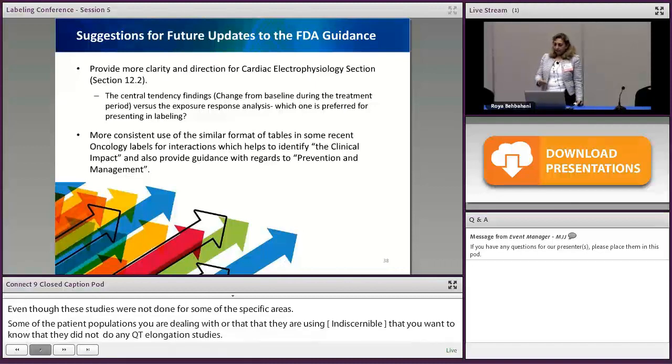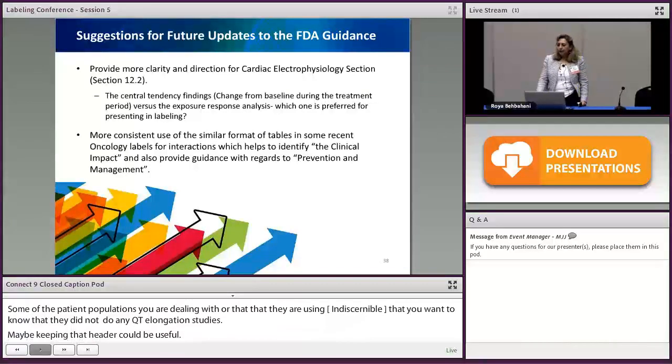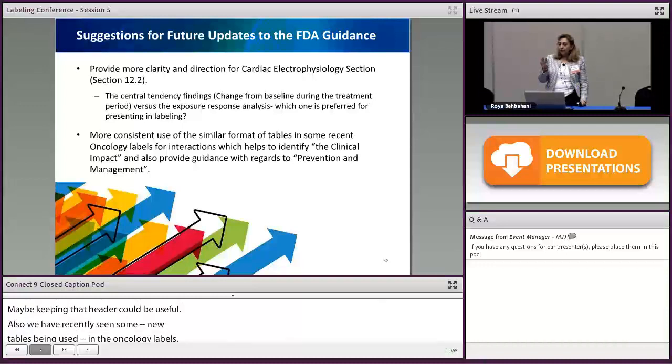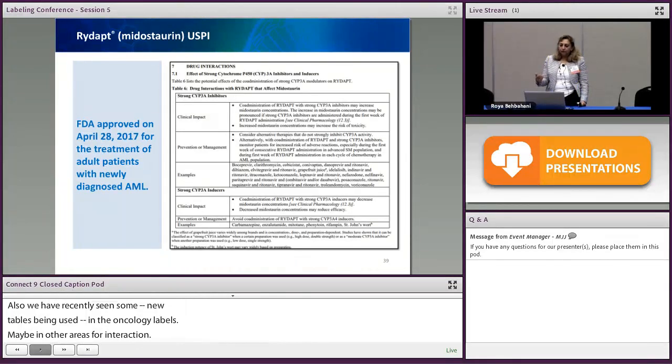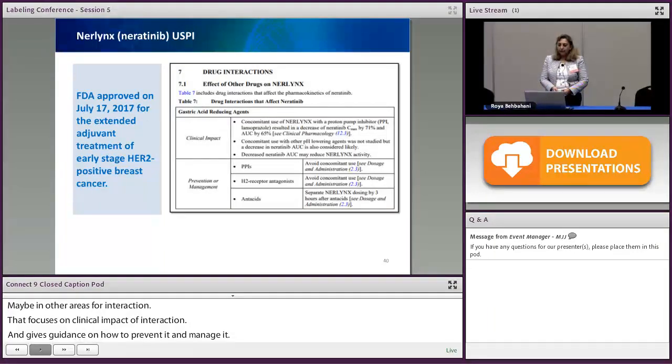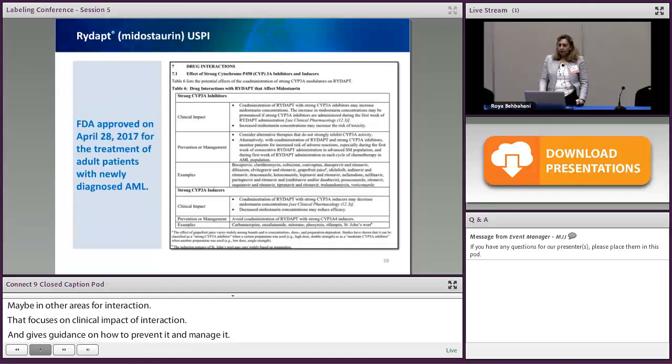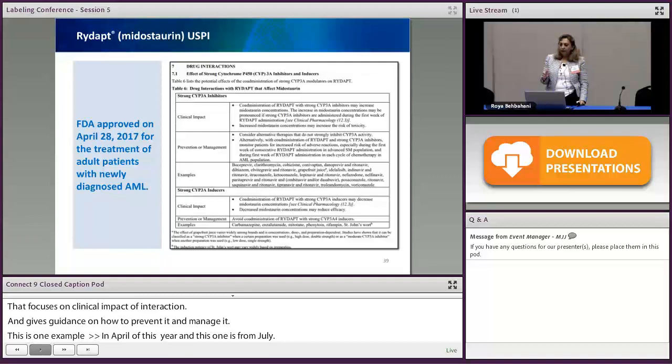Also, we have recently seen some new tables being used. I've seen them in oncology labels, but I'm sure they might be in other therapeutic areas, for drug interactions, that focus on the clinical impact of the drug interaction and give guidance on how to prevent and manage it. This is one example from April of this year, and this one, neratinib, from July. As you can see, the clinical impact is given, and also how to prevent and manage the interaction.